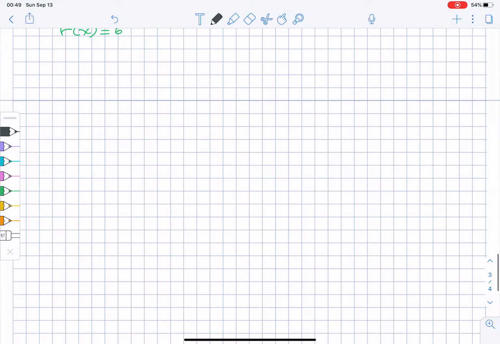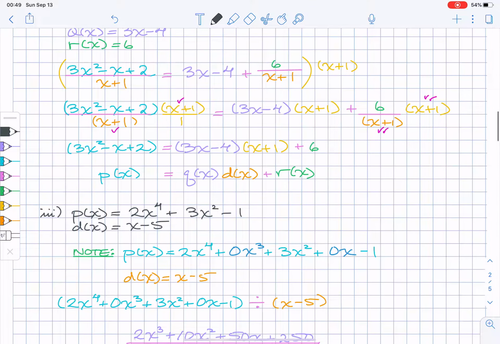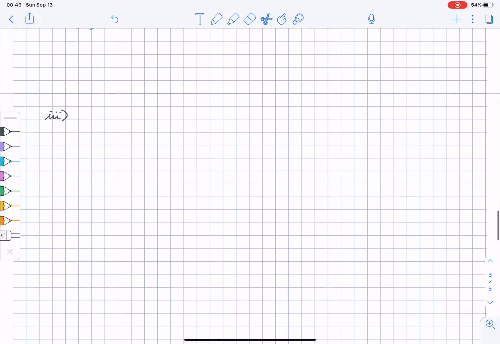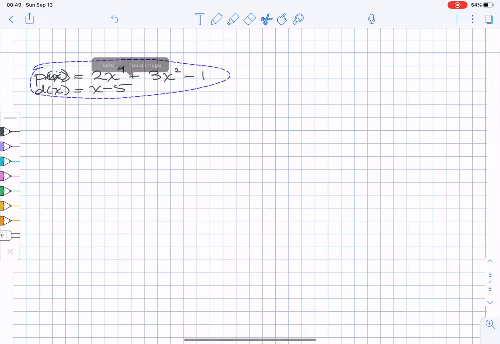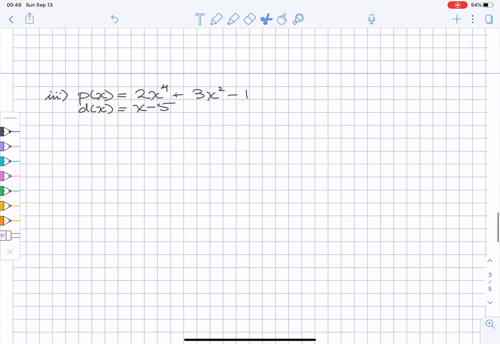Okay, so number 3. So let's do this one. As long as our divisor is linear, we can use synthetic division. So we cannot use synthetic division if our divisor is not linear.